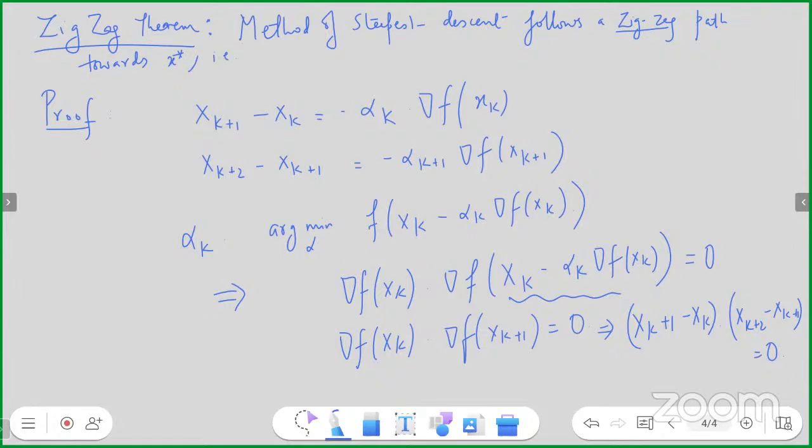You can write it in either form: del f of xk dot del f of xk plus 1 is 0, or xk plus 1 minus xk dot xk plus 2 minus xk plus 1 is 0.